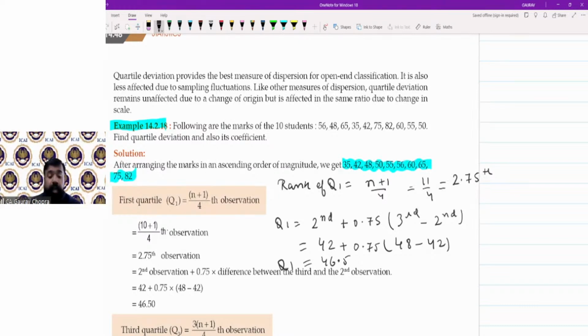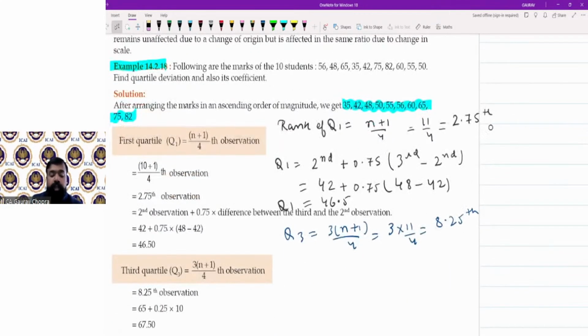Similarly, we can calculate the third quartile, that is Q3. So 3 multiplied by (n plus 1) by 4. What will the rank be? You can directly multiply 2.75 with 3. You will get 8.25 as the rank. With the help of this rank, we can calculate the third quartile. So 8th plus 0.25 into (9th minus 8th).